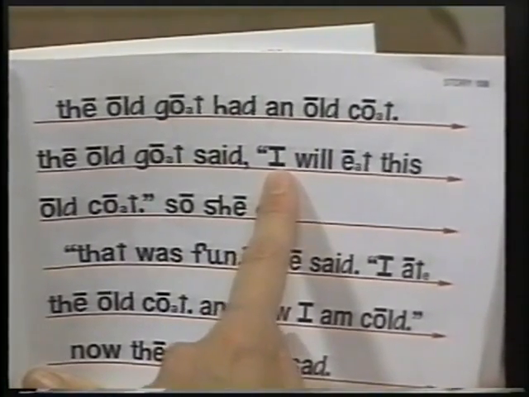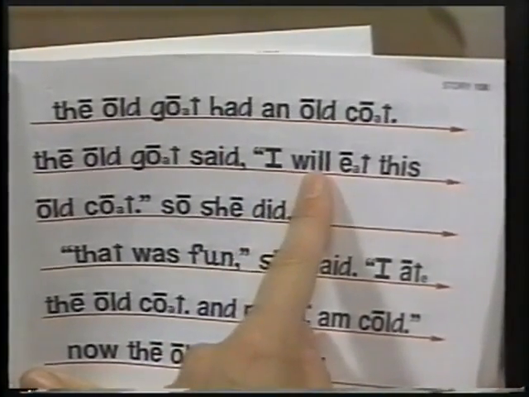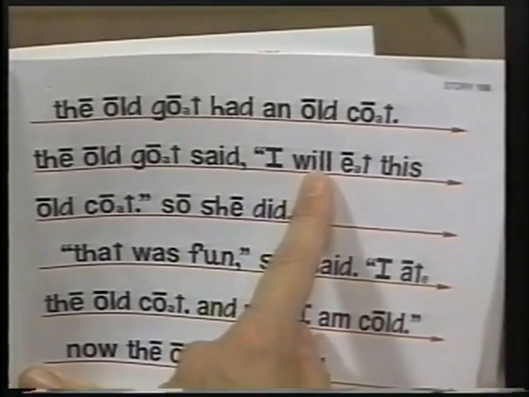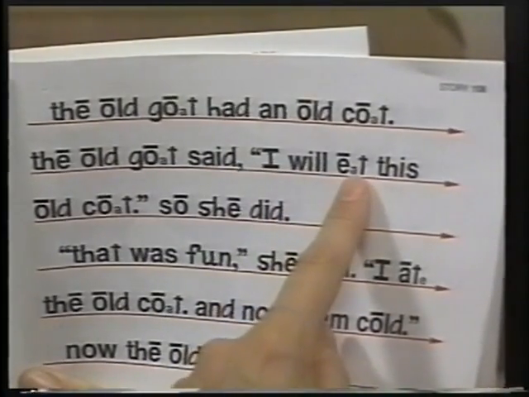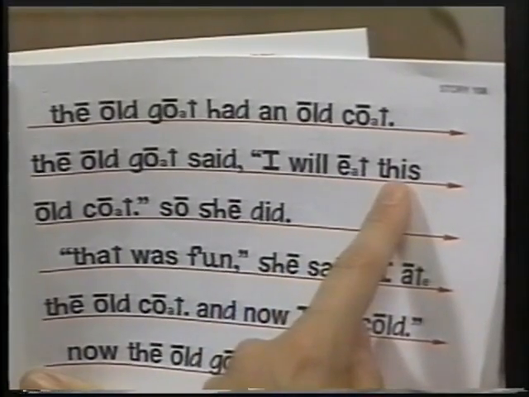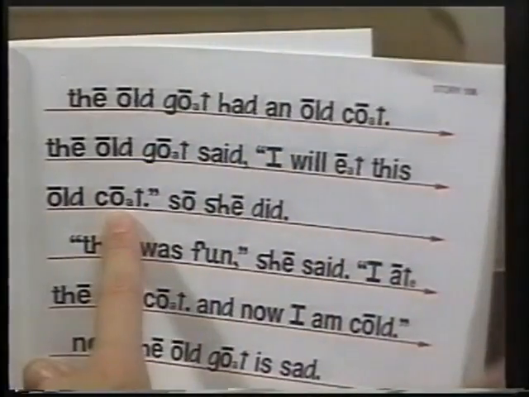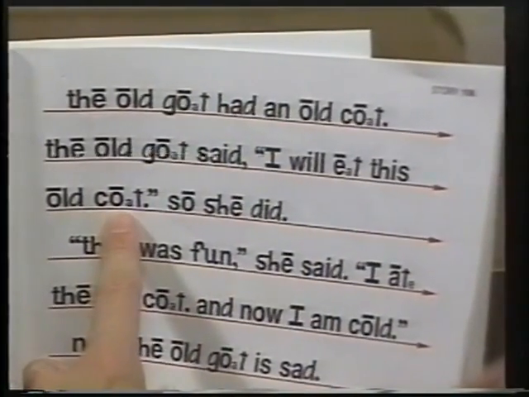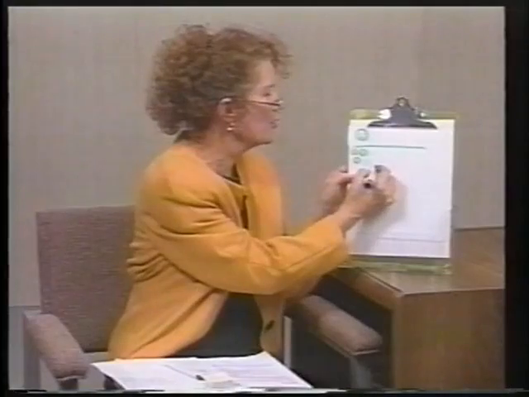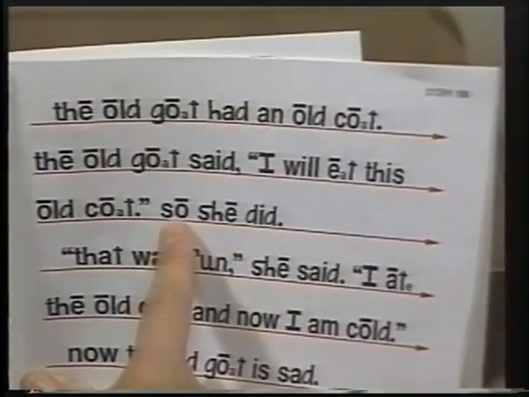I. Next word. Move your finger. Good. What word? Will. Next word. Get ready. Eat. Next word. Get ready. This. Next line. Move your finger down. Get ready. Old. And last word. Figure it out. Get ready. Coat. Good. 4 points. You read all the words right that time. Next sentence. Finger on the first word of that sentence.